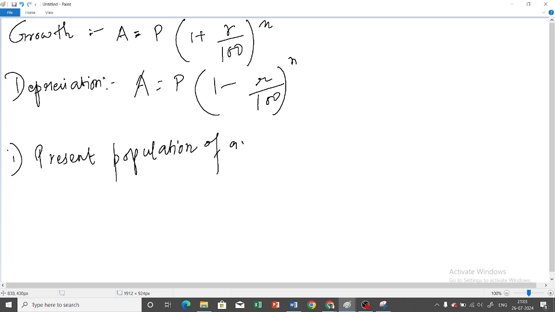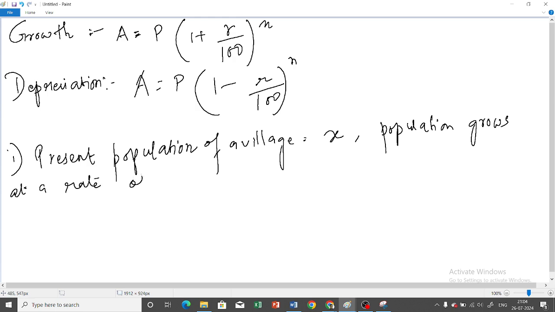Present population of a village or a city is X. The population grows at a rate of R% per annum.